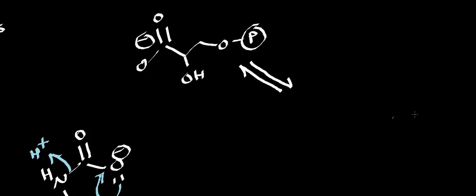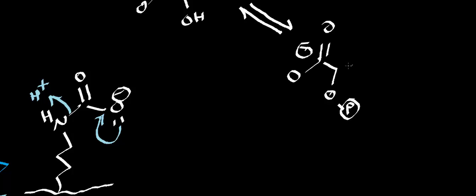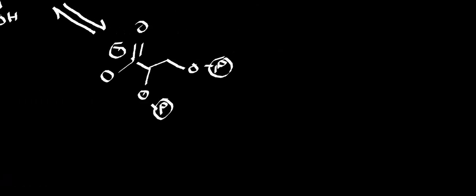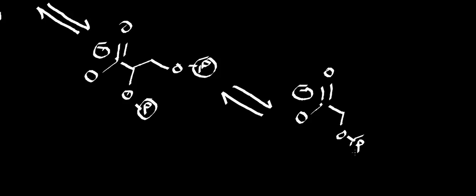And phosphoglycerate mutase in the direction of glycolysis, the intermediate that it's going to go through is it's first going to phosphorylate the 2 position, right? And then finally, the last part of the reaction is where it hydrolyzes off the phosphate at the 3 position, and you're left with 2-phosphoglycerate, right?